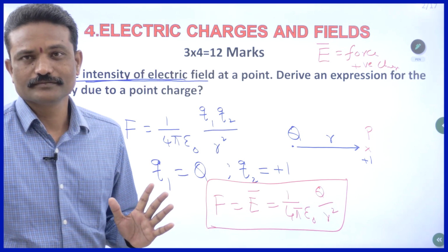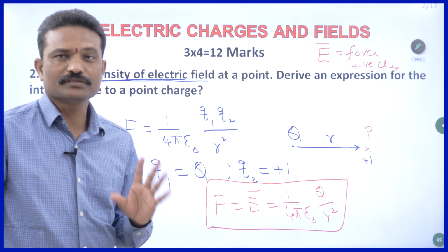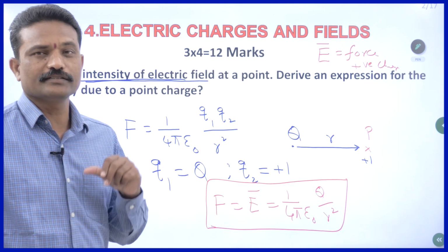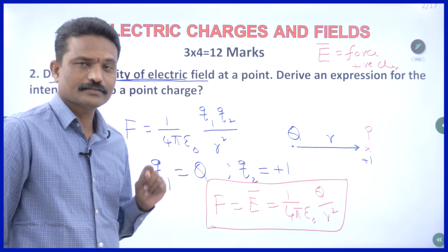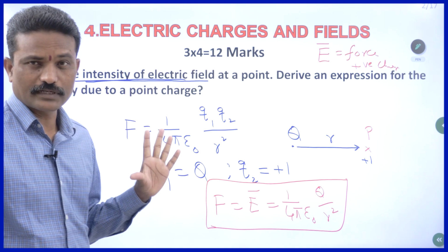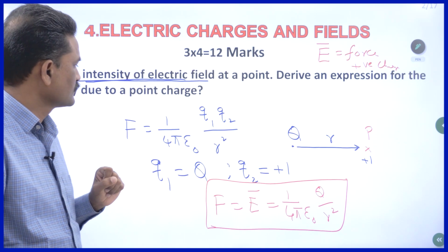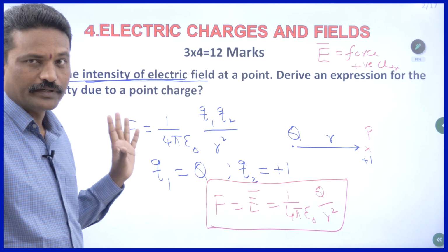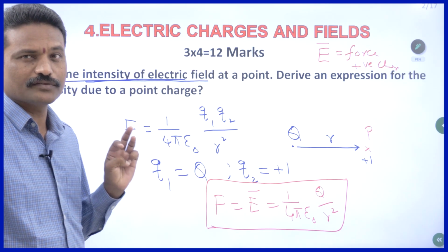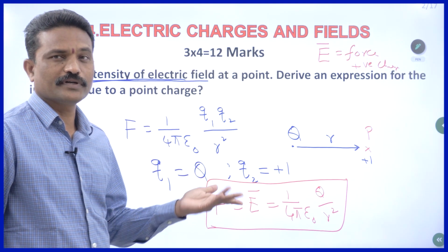Very simple. Scoring marks in the intermediate exam is so simple, but gaining knowledge is difficult. Is this clear? So, here our intention is to score. That is the reason why these are called mark scoring videos. Intensity of electric field is nothing but the force acting on the unit positive charge placed at a particular point in the electric field.